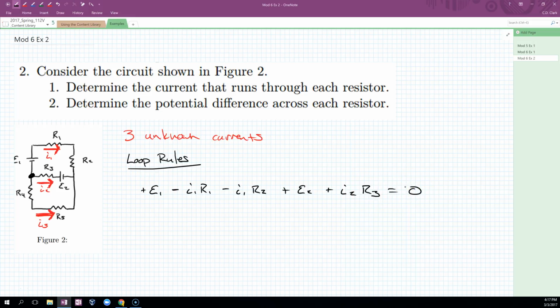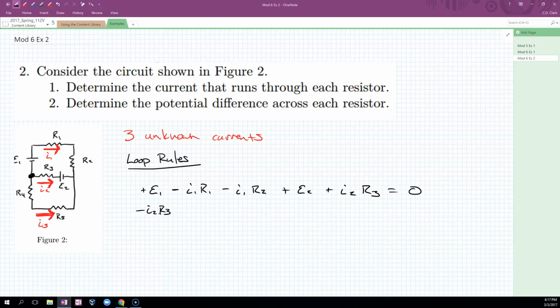The next loop rule, let's do the bottom loop. Let me use the same starting position. I'm going to start in the upper left-hand corner of the bottom loop, and let me go around this one clockwise. The first one I run into is going to be resistor R3, and I'm going with the current this time, so it's going to be negative I2 R3.